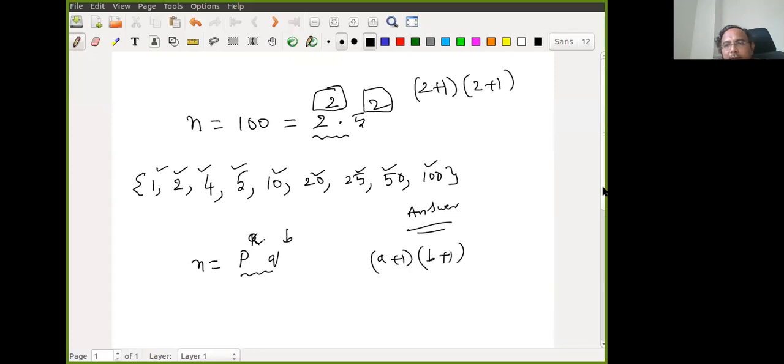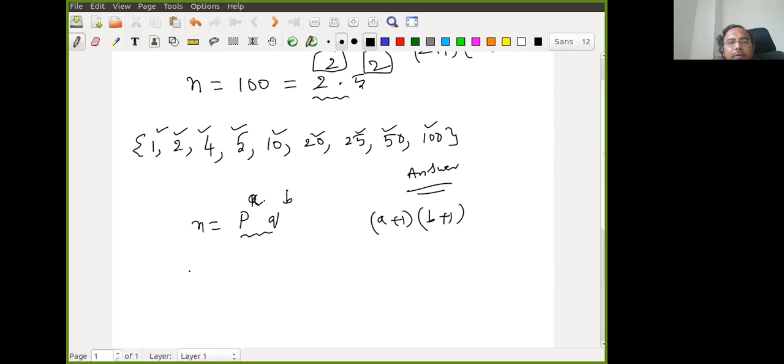So how to prove that? Okay, I'll give you the proof. See, D is a divisor of 100, so D also has the same prime factors as 100. So it is 2 power a into 5 power b. What are the possible values for a?